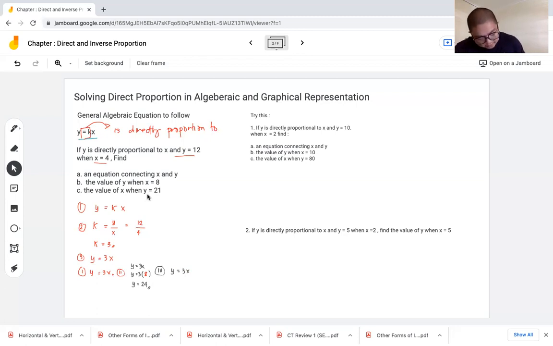So this y will turn into 21, and then the rest will just become the same. So in here, you will have 21 is equivalent to 3x, or if you want to rewrite it, you can have it as 3x is equivalent to 21, and your x will now be equivalent to 7.